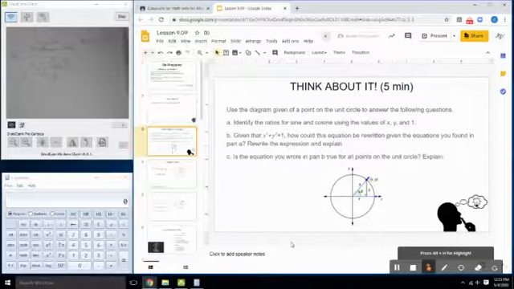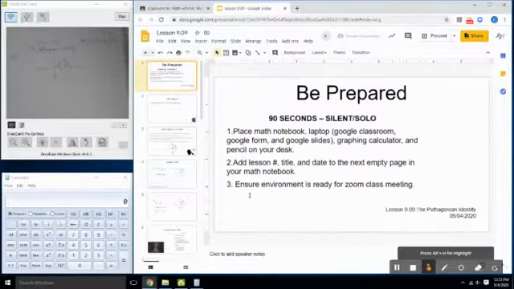Please use this opportunity to be prepared. Place your notebook, laptop, graphing calculator, and pencil on your desk. Please update the title, which is the Pythagorean identity, and the date on the next empty page in your math notebook.